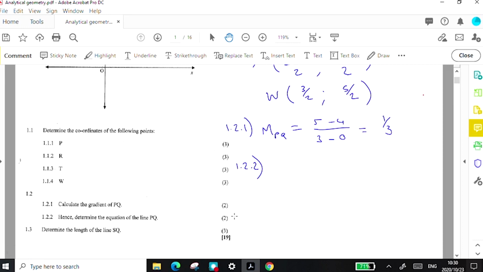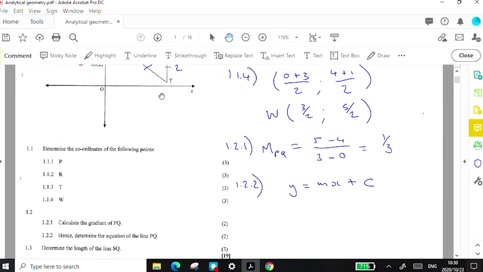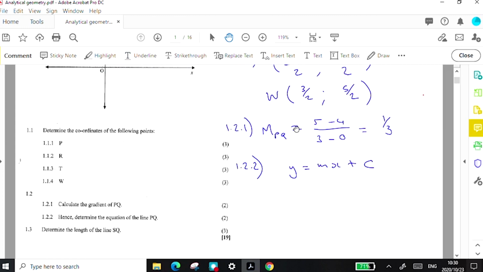Now the equation of the line is given by y is equal to mx plus c, which is the equation of the straight line. Now we have the gradient of PQ, m is equal to 1 over 3. So we have y is equal to 1 over 3x plus c. So we just need to find the value c.